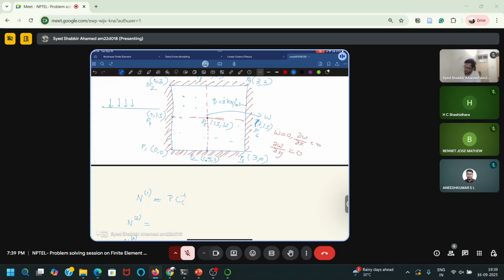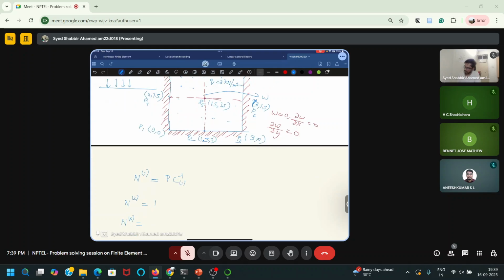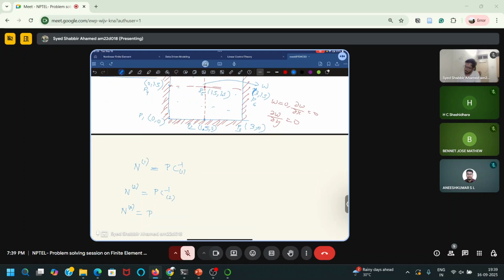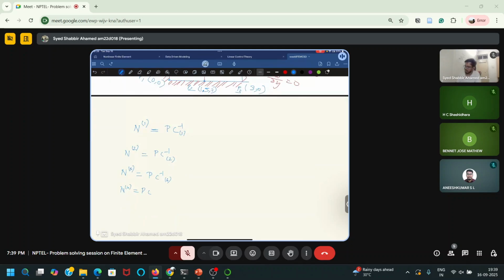The coordinate matrix for the first element will be different from the second and the third, because the nodes are different, so these coordinates are different. So C will change accordingly, and you will get four shape function matrices, each with 12 shape functions. That is what we have to determine.